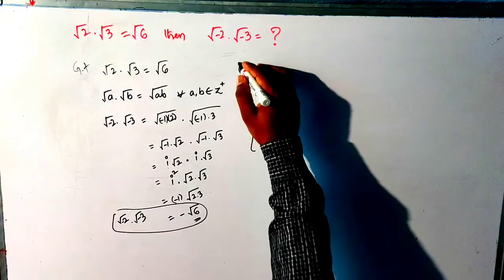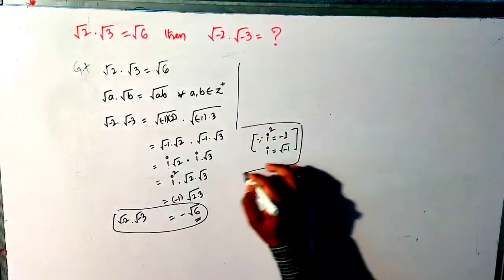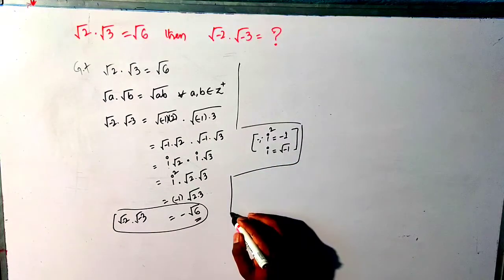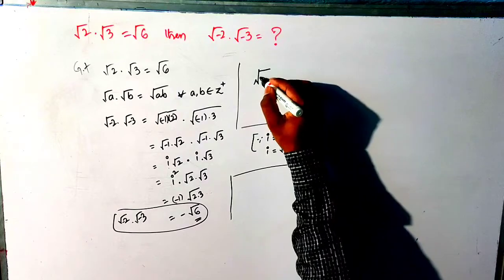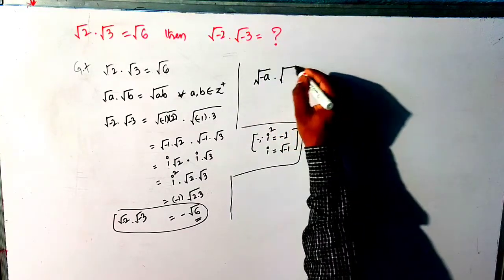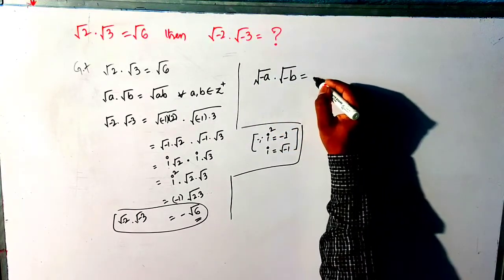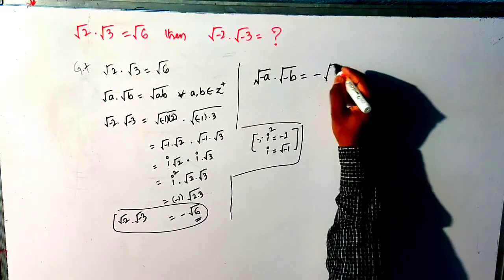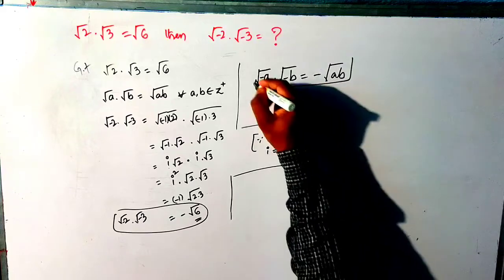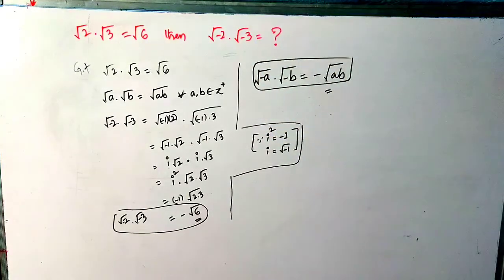So we are using this: square root of minus a into square root of minus b is equal to minus square root of ab.